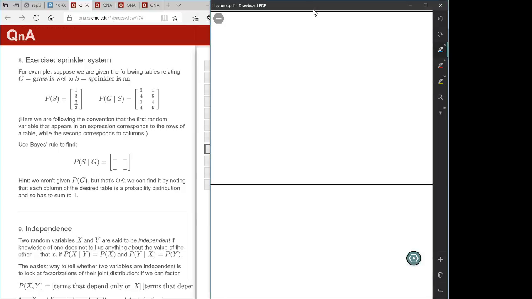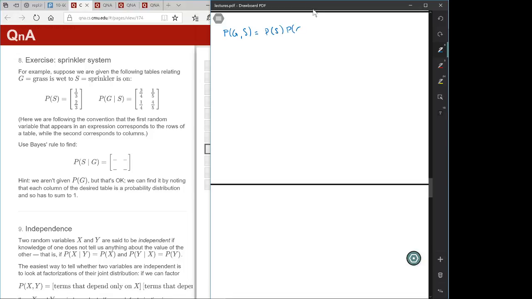So the first thing that we can do, pretty easy to do, is to use the probability chain rule to figure out the joint distribution. So we know that P of G comma S is equal to P of S times P of G given S, right? And we know both of these things. P of S is this table here, P of G given S is that table here.